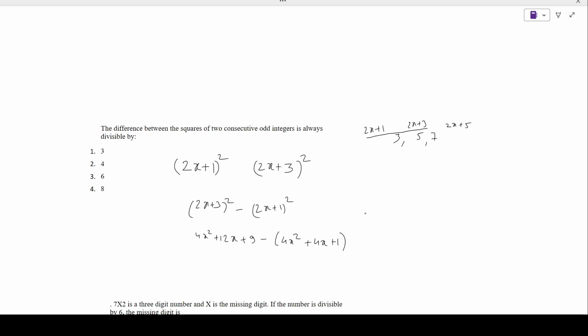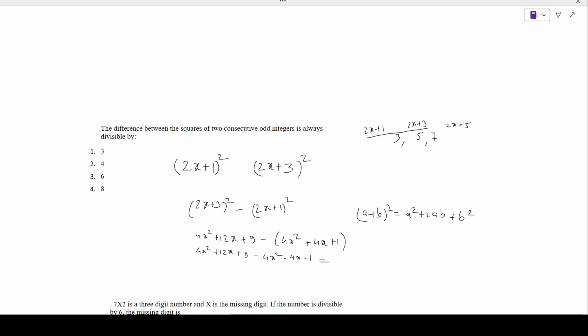Here we have simply used (a plus b) whole square equals a square plus 2ab plus b square. Now 4x square plus 12x plus 9, and the minus multiplies inside, giving minus 4x square minus 4x minus 1.